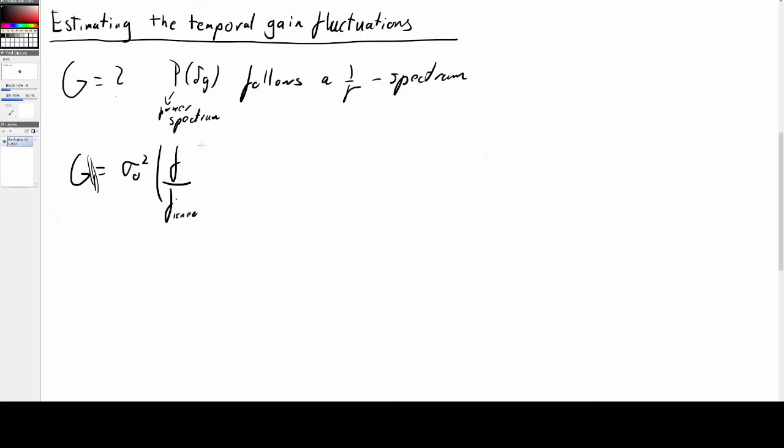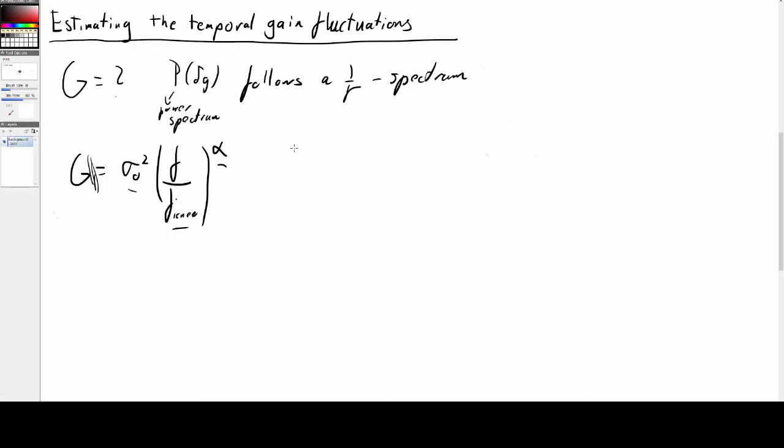So this f_knee is a frequency that needs to be estimated, and then we have this alpha. So in principle we have three parameters that describe our covariance matrix, and these parameters need to be figured out somehow.